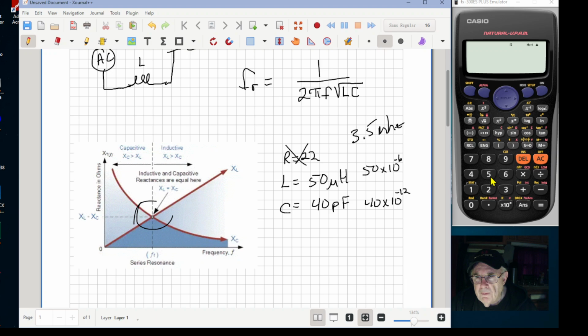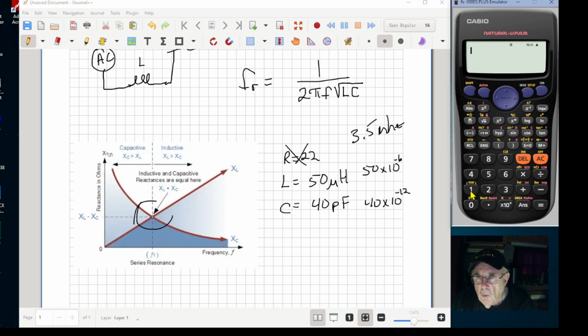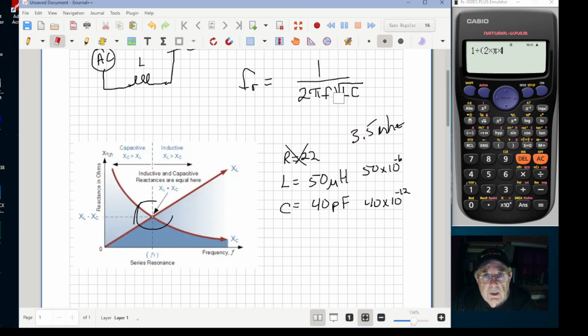So I'm going to start off then with 1 divided by, and I'm going to put the whole denominator inside parentheses. So here's our 2 times pi. Not times our frequency. I don't know why I put an F in there. Silly me. There we go.